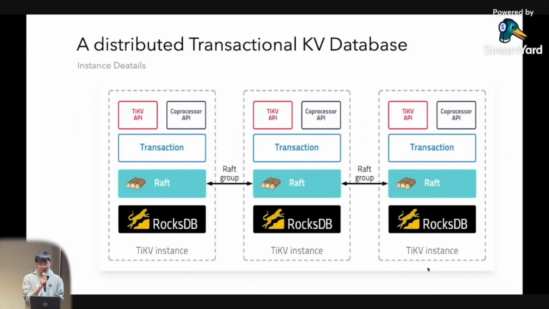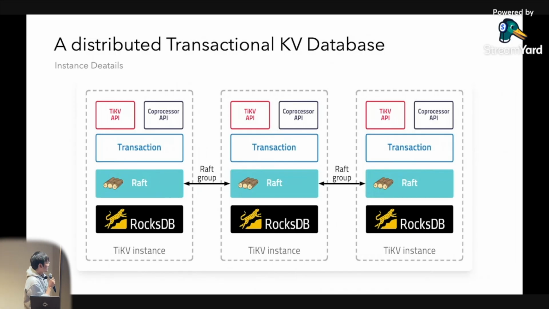So let's zoom in a little bit and take a deeper look at the TiKV project. Because this is the storage layer of our database, we have to build a high performance and low latency system. At that time, we decided to build our product based on RocksDB, which was developed by Facebook in C++.